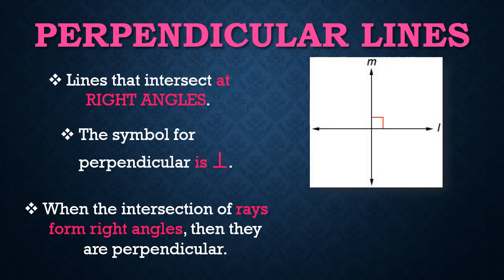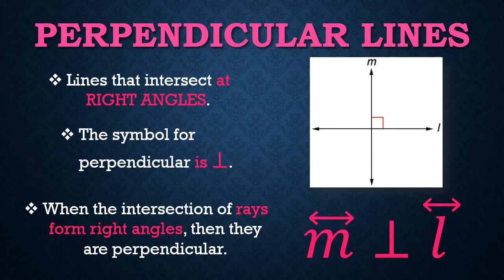So in this example, line M is perpendicular to line L. Why? Because as you can see in the illustration, itong si line M and si line L form right angles. Okay? So these are right angles. That is why they are perpendicular.